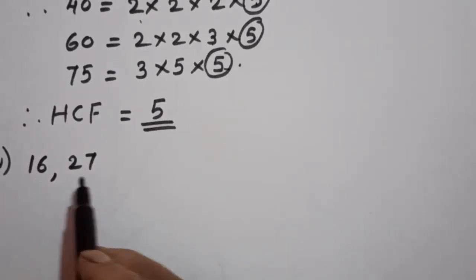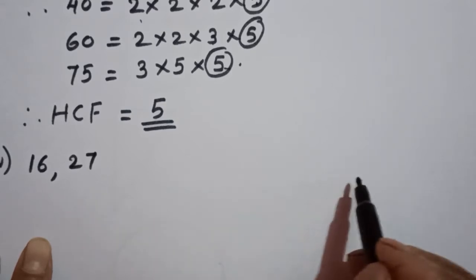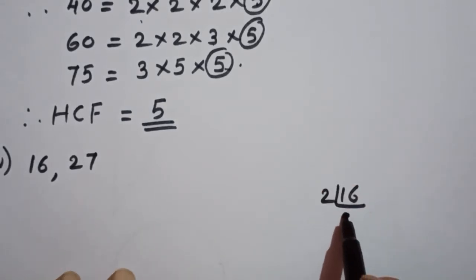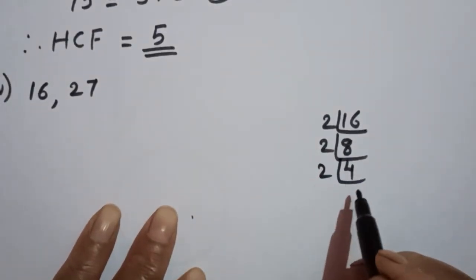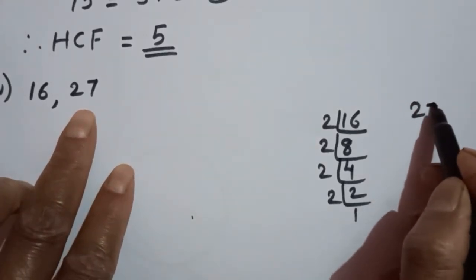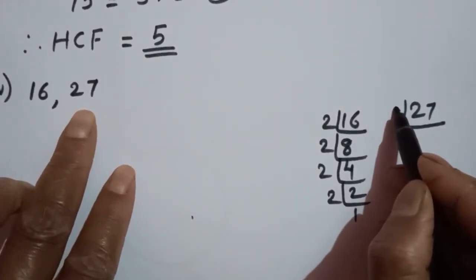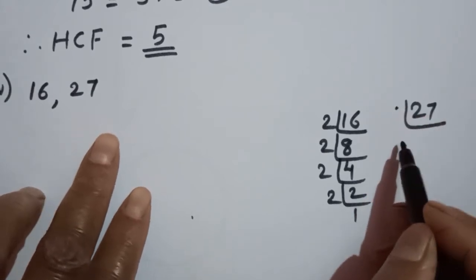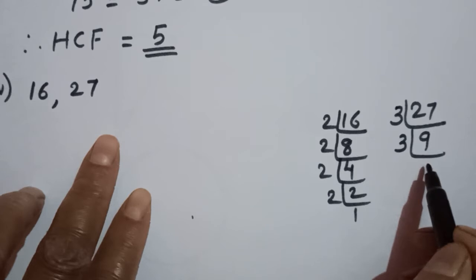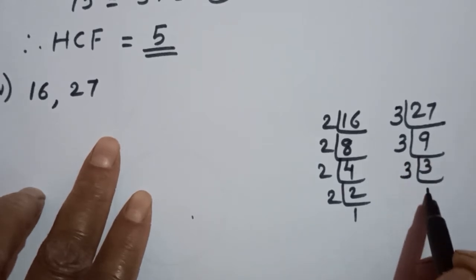And the next question is 16 and 27. So I'm doing 16 here. 2 8s are 16, 2 4s are 8, 2 2s are 4 and 2 1s are 2. Now 27 here. It will go in the table of 3, not in 2 because the last digit is 7. 3 9s are 27, 3 3s are 9 and 3 1s are 3.